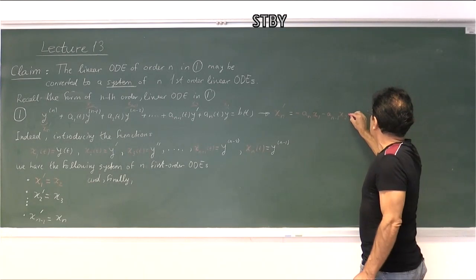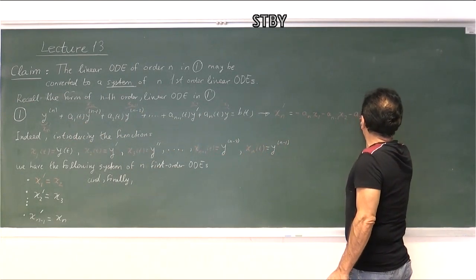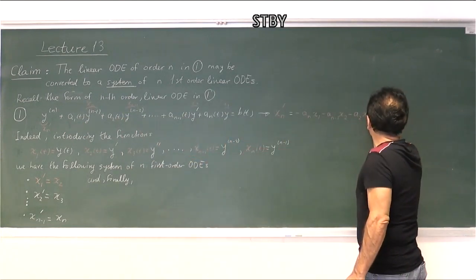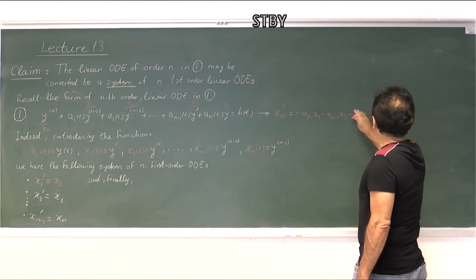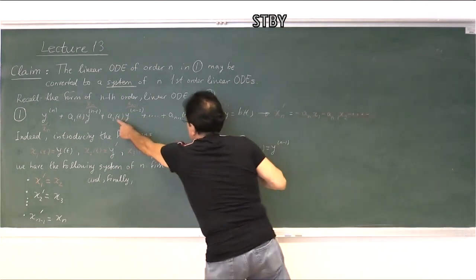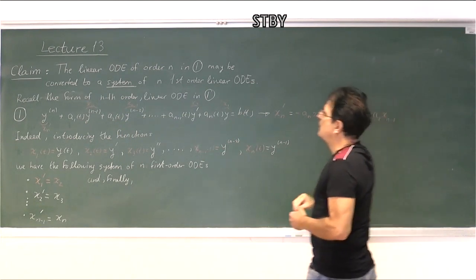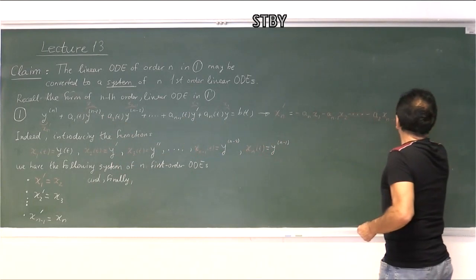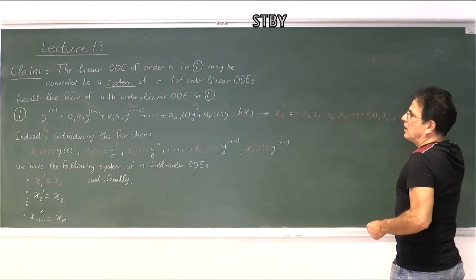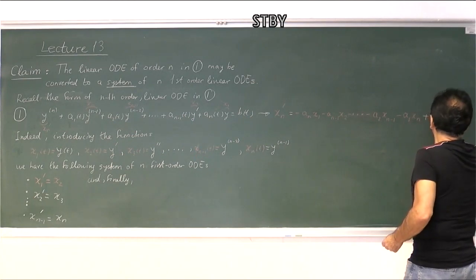Then minus a2 times x_{n-1}, and minus a1 xn, plus d of t.